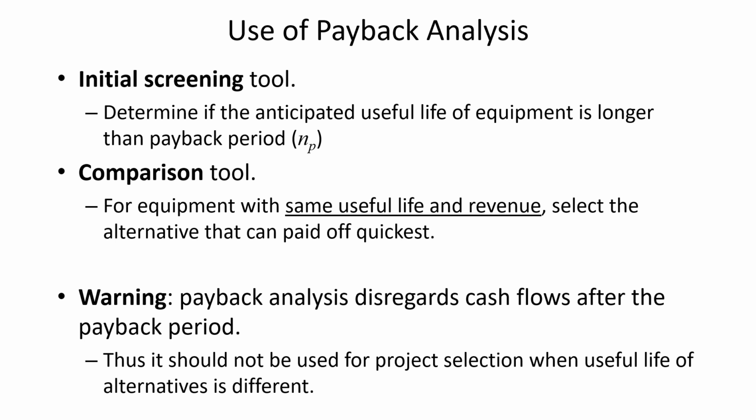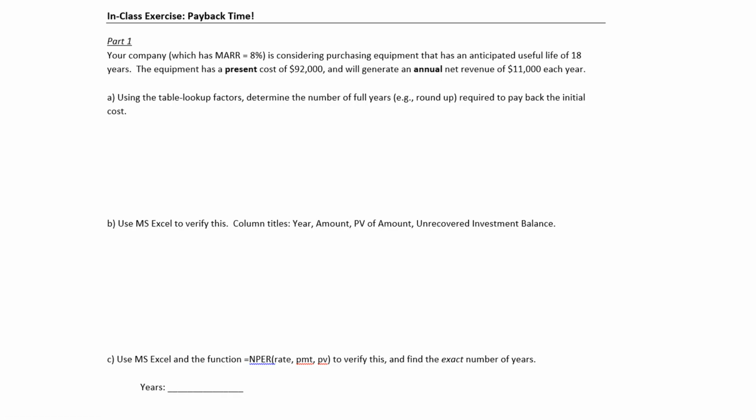If its operating costs are going up, that could be another aspect that makes it overall less profitable. So we have to be sensitive to those two factors and just use payback analysis for initial screening unless this two-factor criteria is satisfied. Then we could use it for comparison.